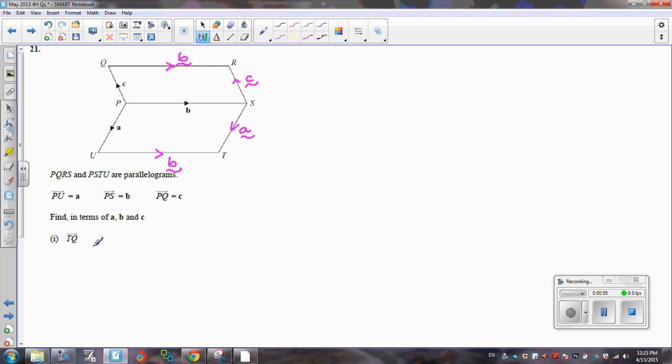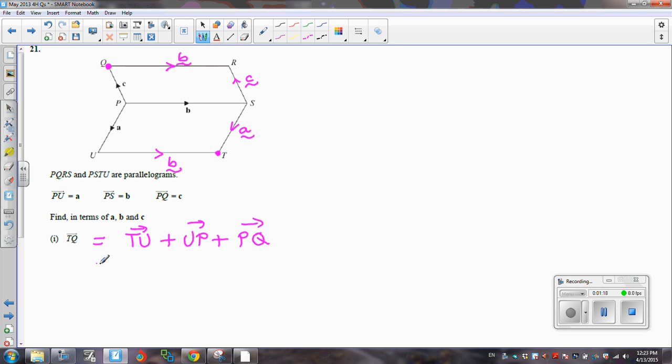First thing it asks us to find is the vector TQ. So here's T, and here is Q, and it doesn't really matter which way I go. Let's go from T to U, and then I'm going to go from U to P, so that means I'm going to add the vector UP, and then I'm going to add the vector PQ, so I'm going to go that long way round.